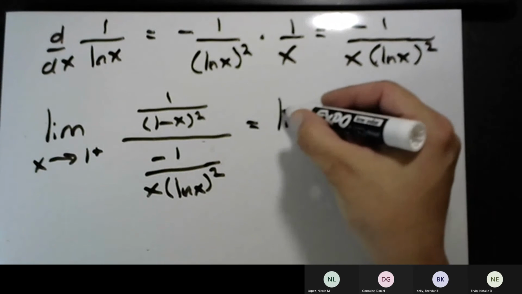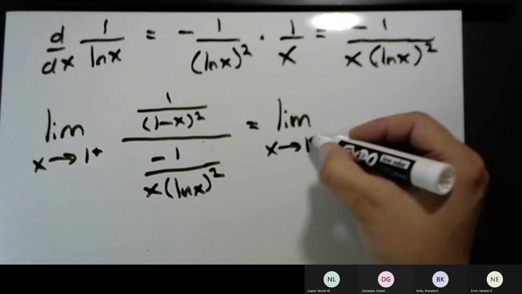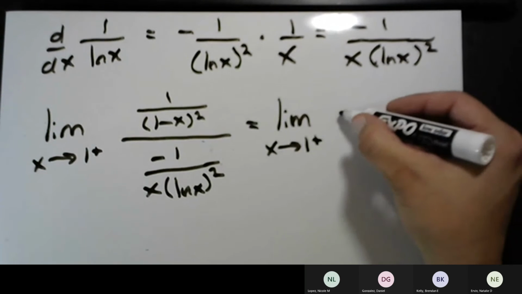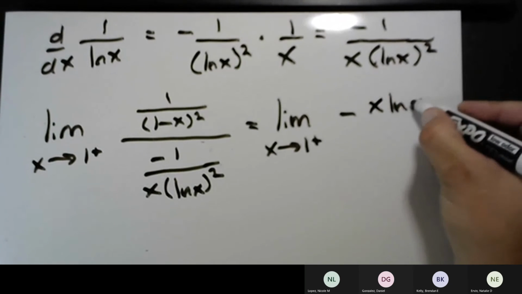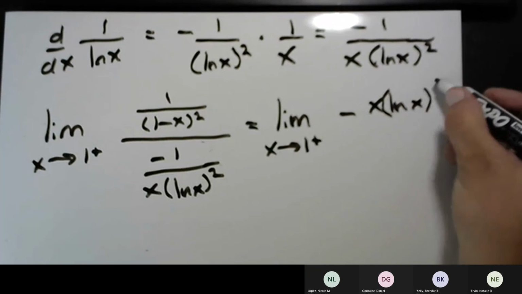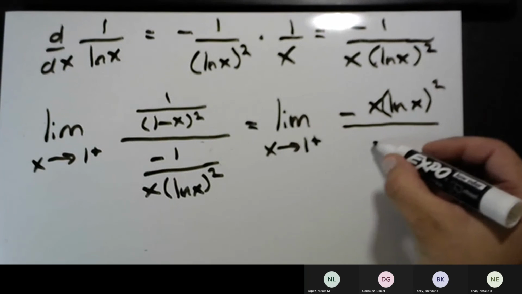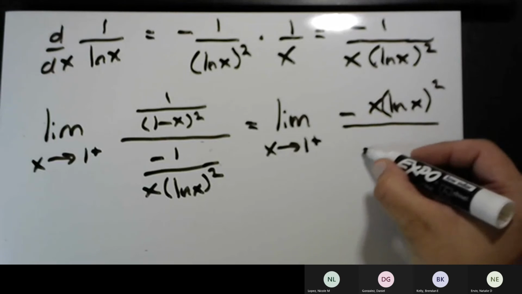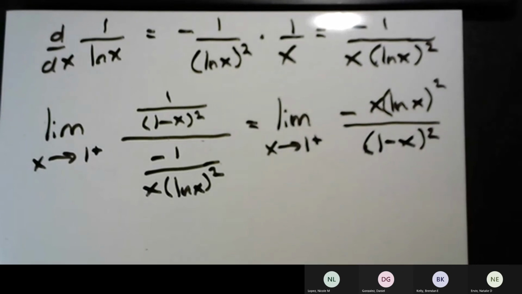And so this will be the limit as x approaches 1 plus of negative x ln x squared over 1 minus x squared.